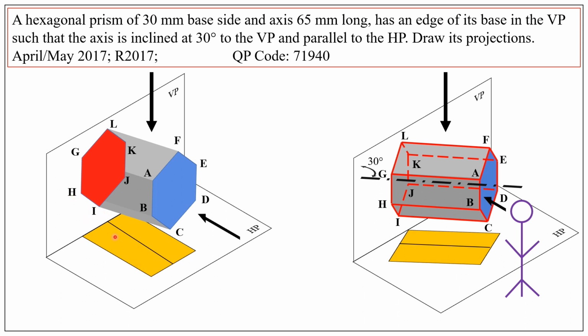Therefore, in order to draw the final top view, we assume the solid is initially resting on VP with its base on it, obtain the front view, obtain the corresponding top view, and then reorient the top view to this angle, and this will be the final top view.